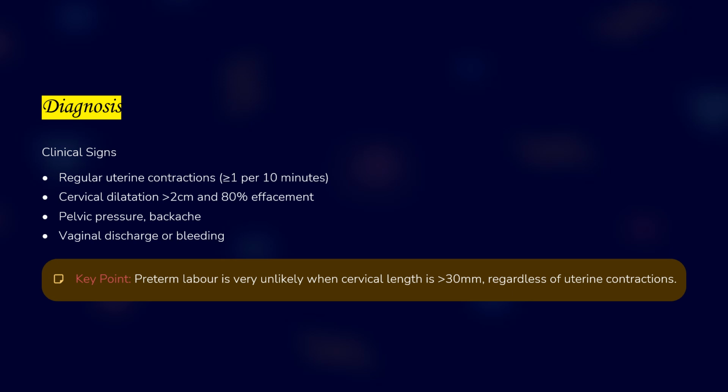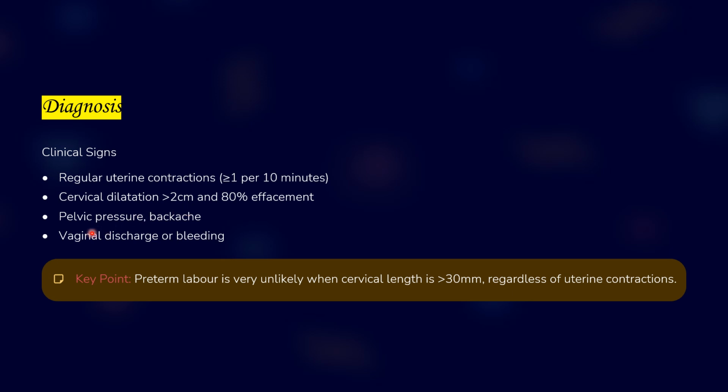Now, how do you diagnose? There are certain clinical signs that as a nurse you need to assess. First, the uterine contraction is regular, that means more than or equal to 1 per 10 minutes. Number two, the cervical dilatation: when you do your PV, the cervical dilatation should be more than 2 centimeters, the os should be open, and then 80% effacement.